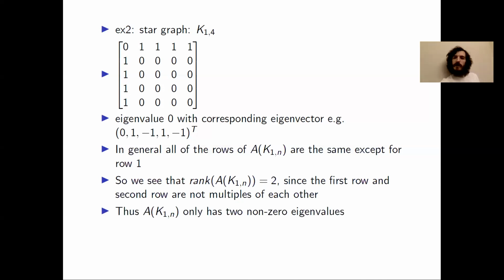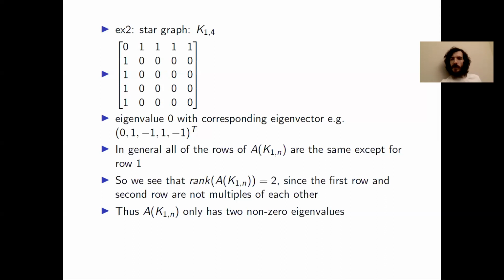And that tells us that there must be exactly 2 non-zero eigenvalues of this adjacency matrix. So we can conclude that 0 is an eigenvalue with multiplicity n minus 1, because the total number of eigenvalues is n plus 1, because the adjacency matrix of the star K1,n has side lengths of length n plus 1.